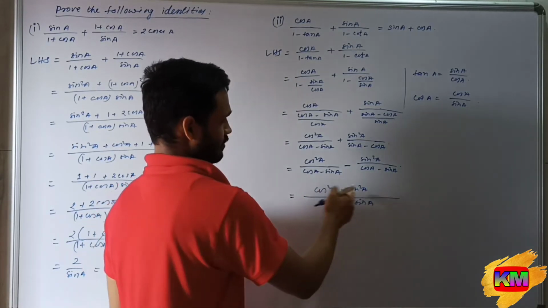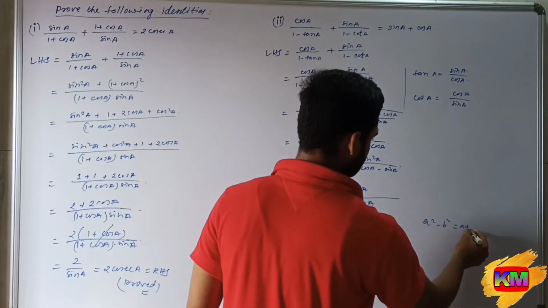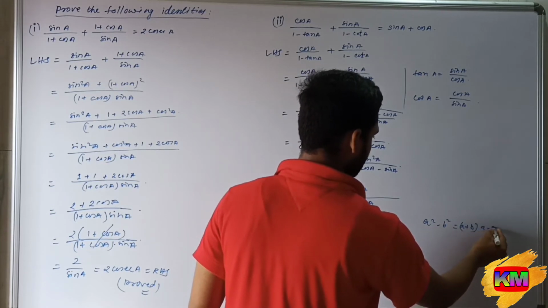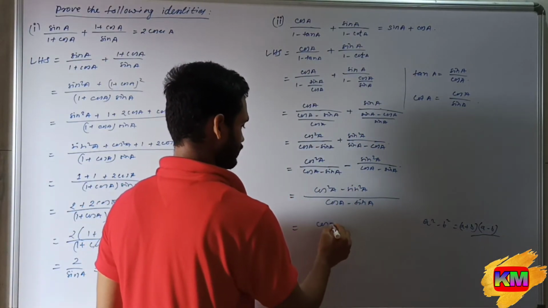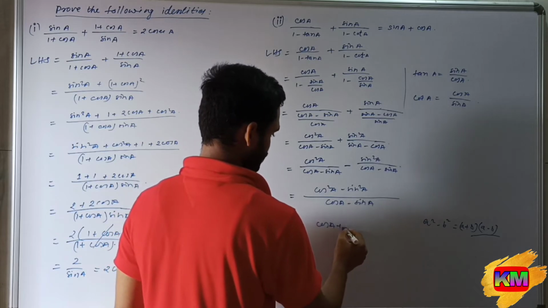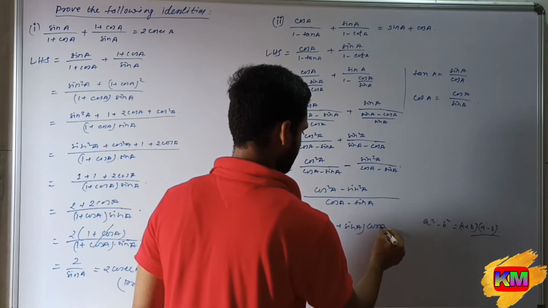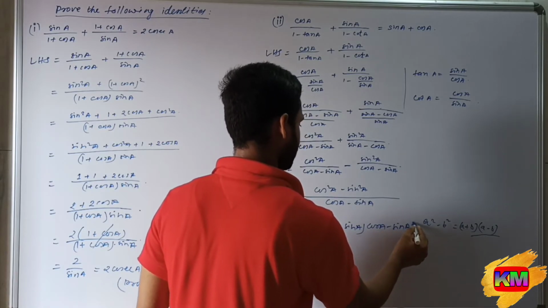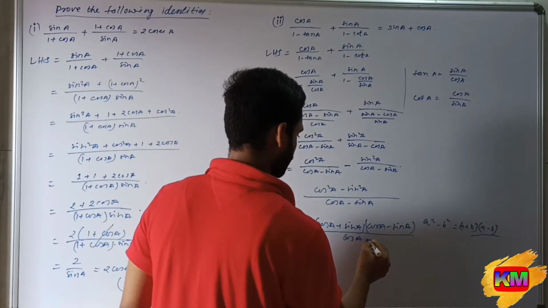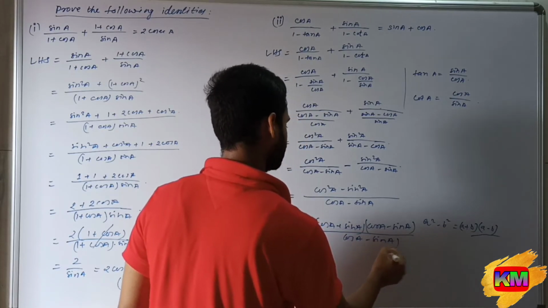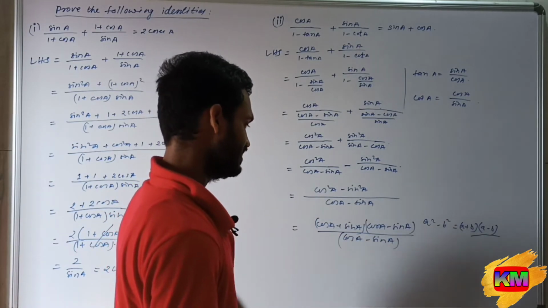So we know that A square minus B square equals A plus B into A minus B. So we will use this formula here, and we will get cos A plus sin A into cos A minus sin A, whole divided by cos A minus sin A. Okay, so cos A minus sin A and cos A minus sin A will get cancelled.